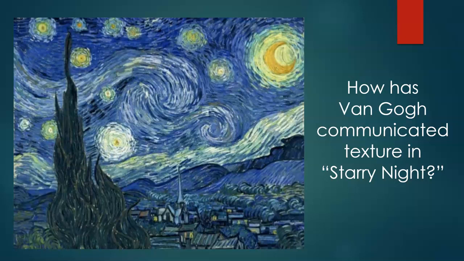He communicated texture with an element of art, and really he employed many elements in this painting, but one element predominantly or mostly. We could almost say that this painting was made almost entirely of this one element. So just take a moment to soak it all in.